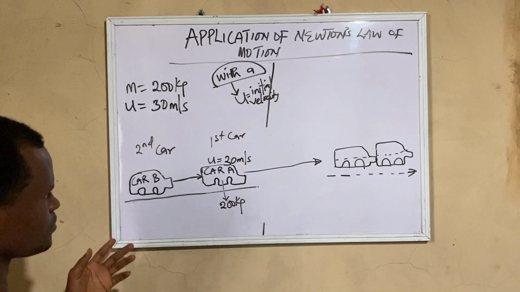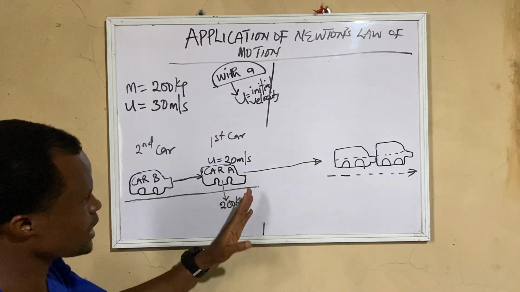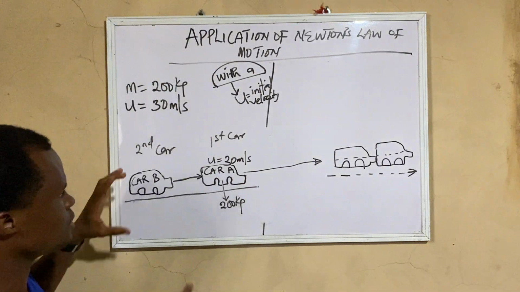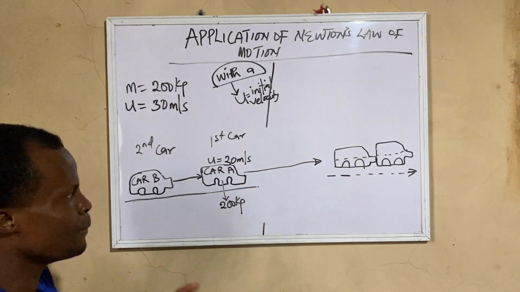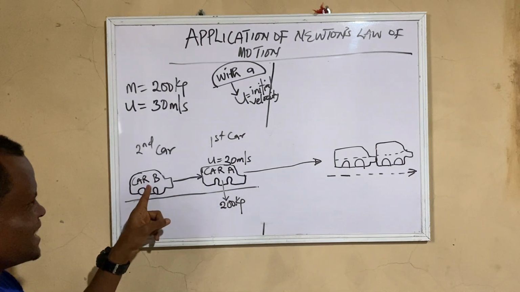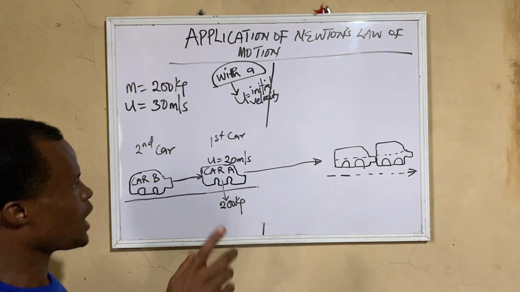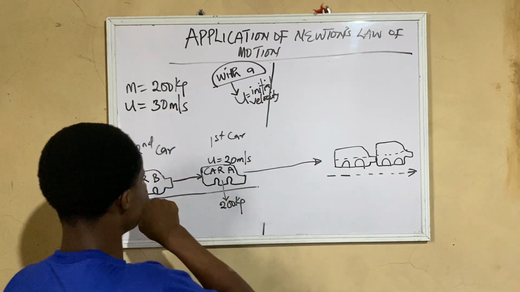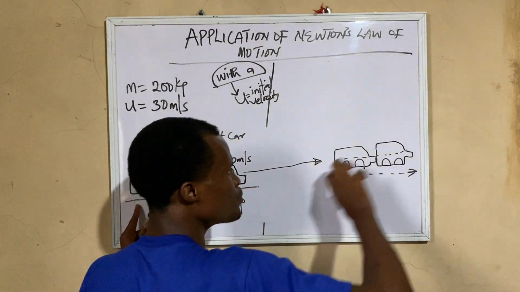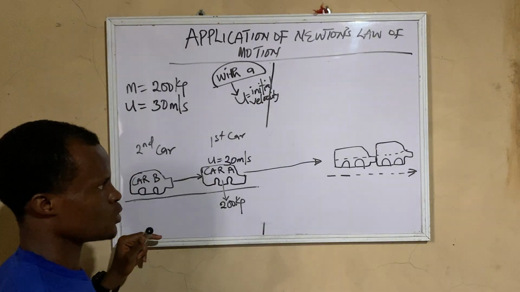So we want to look at the impulse, that is, what is the magnitude of the impact that this car received as a result of this car hitting it. Now, another thing you need to take note of is that this car B, the second car, hit the first car, and both of them move in the same direction.